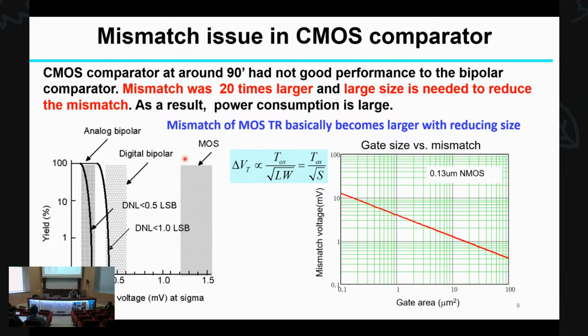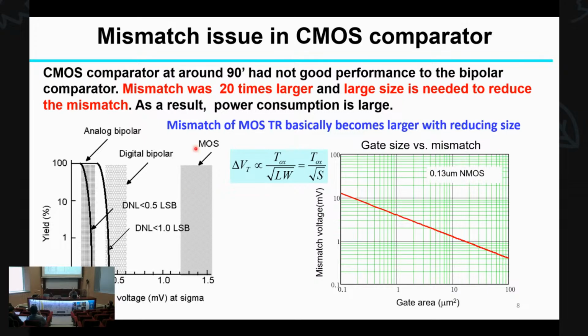At that moment, bipolar was still used for ADCs. Why? One is mismatch. This is offset voltage or mismatch voltage. Analog bipolar can realize 10-bit ADC.